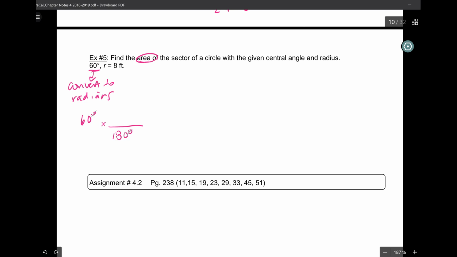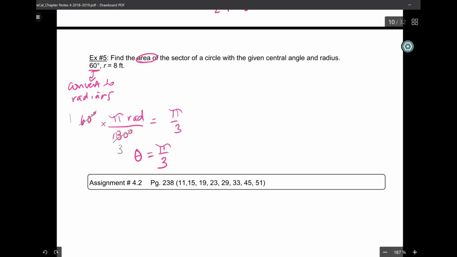I'm going to simplify. 60 can go into 180 3 times, and don't forget to write your conversion factor: 180 degrees is the same as pi radians. So this will equal pi over 3. Our angle in radians is pi over 3.